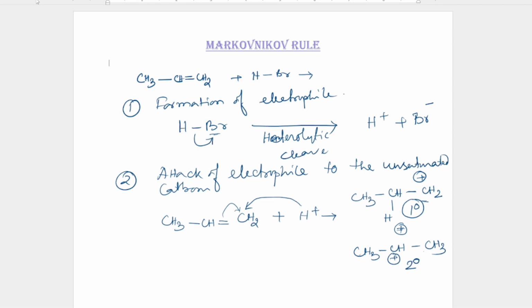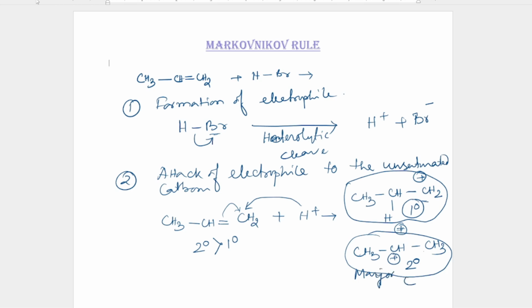As we have discussed right now, secondary carbocations are more stable than primary carbocations. So this product will form in less quantity, and this product will form in more quantity. So that will be the major carbocation, and this will be the minor carbocation that is going to form in the product.